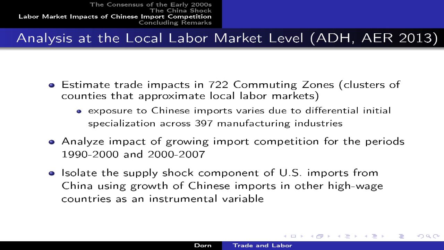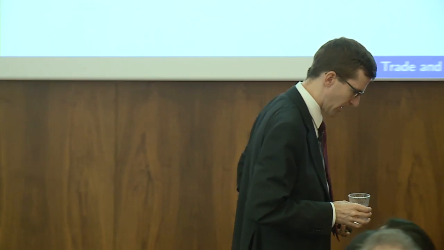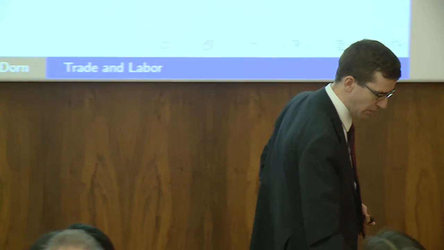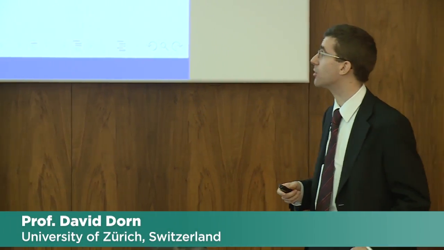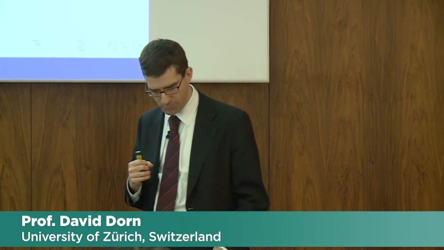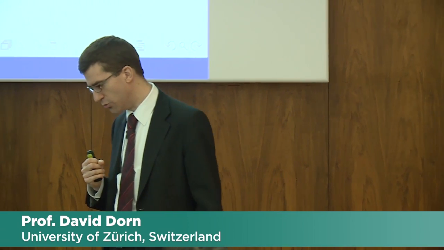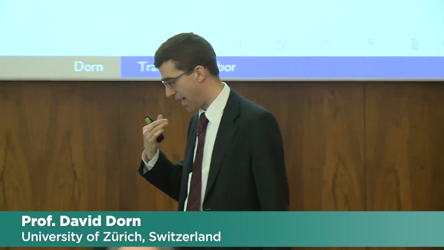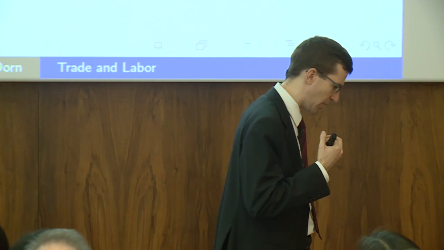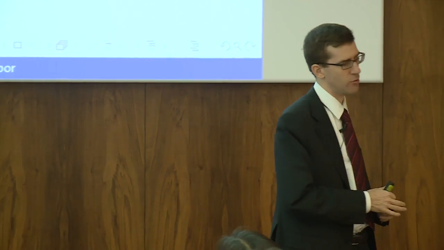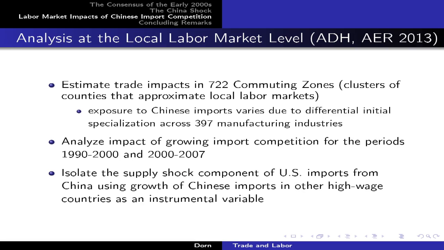For those of you who are interested in the technical detail, the econometric setup is such that we seek to isolate the supply shock component of Chinese import competition by using Chinese exports to other industrialized countries as a predictor for Chinese exports to the United States.